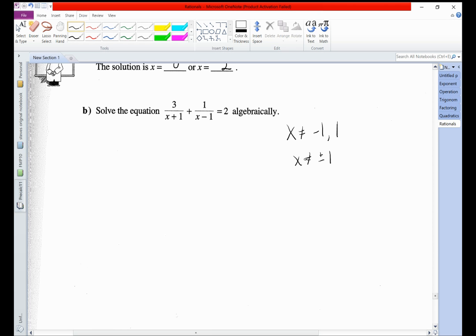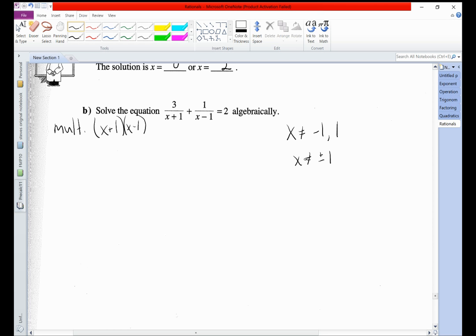We want to multiply every term by our common denominator. So I'm going to multiply everything by x plus 1, x minus 1.